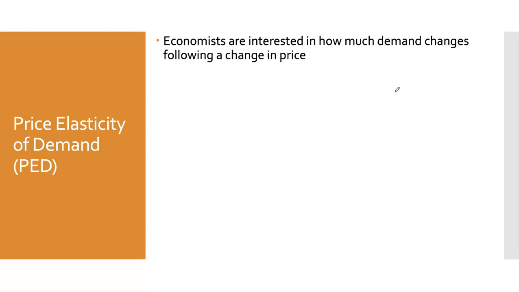Now, the price elasticity of demand includes that understanding of demand, but we are also interested in how much demand changes following a change in price. Because different products will differ in how much their demand changes according to how much their price changes.